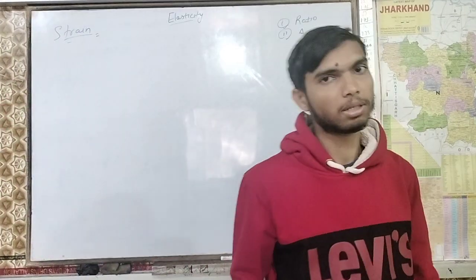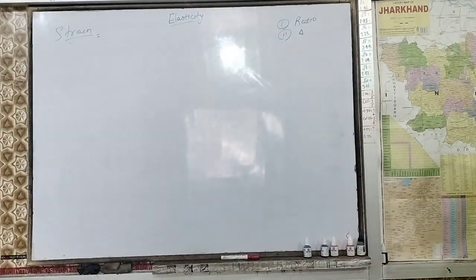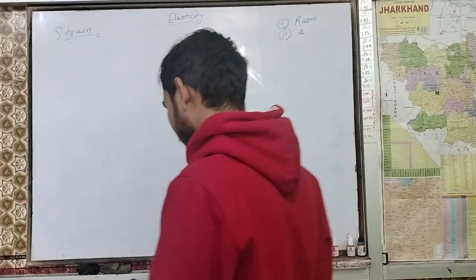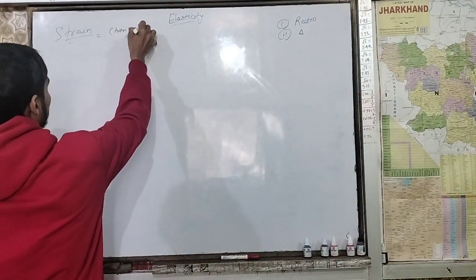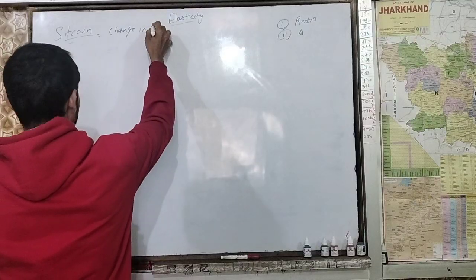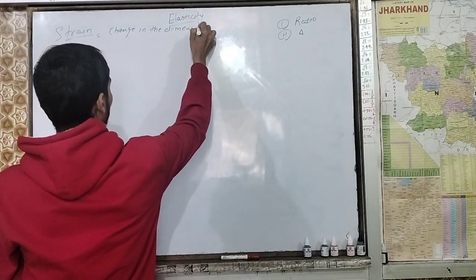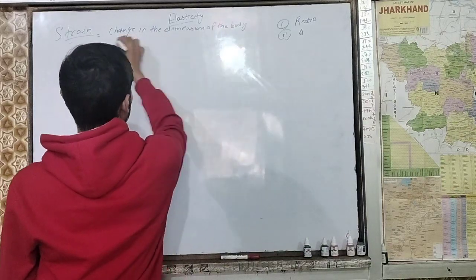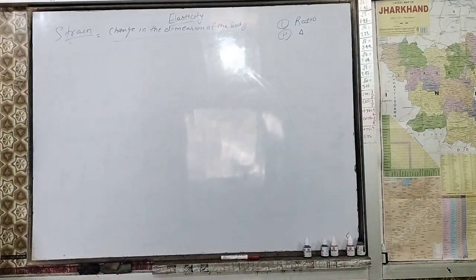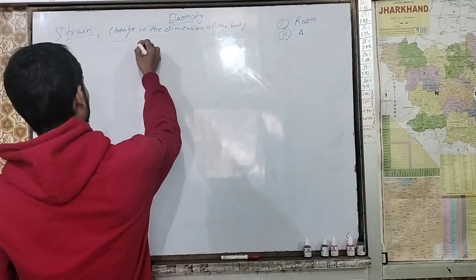That is what our strain is: change in length upon original length. So change in the dimension of the body upon the original dimension of the body.